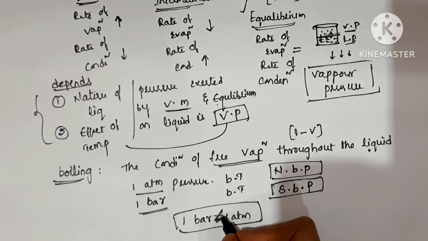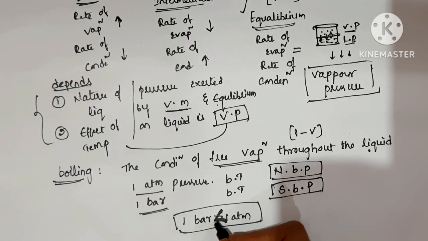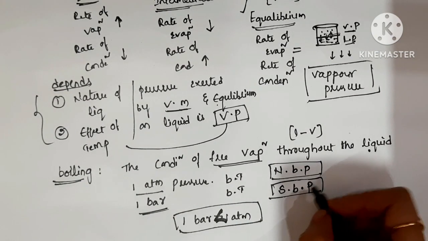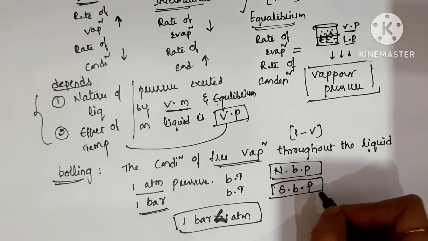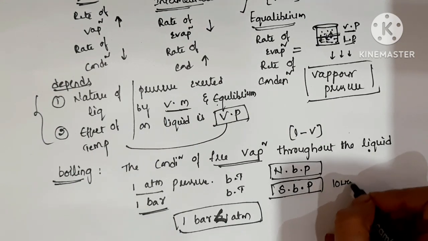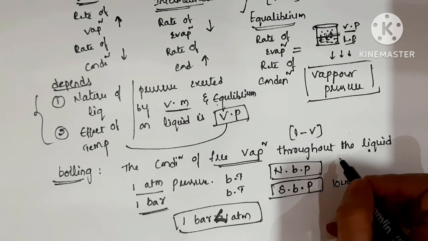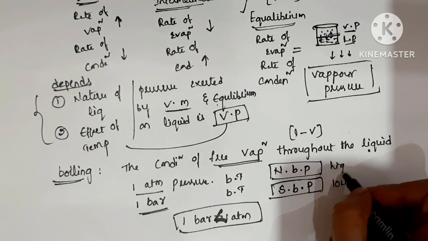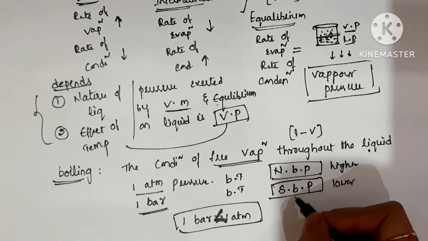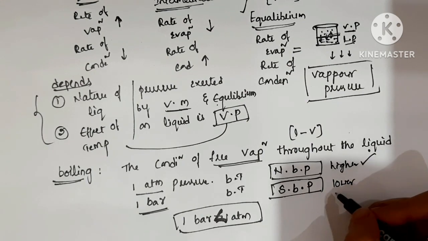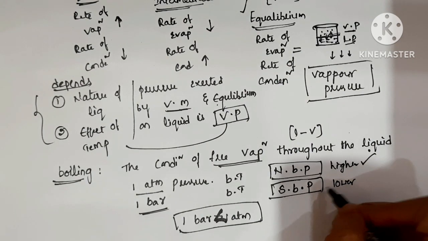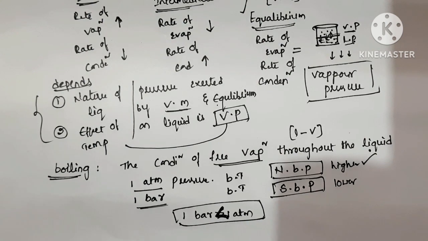That means 1 bar is slightly less than 1 atm. That means the standard boiling point is lower and the normal boiling point is higher. The normal boiling point is higher than the standard boiling point, right?